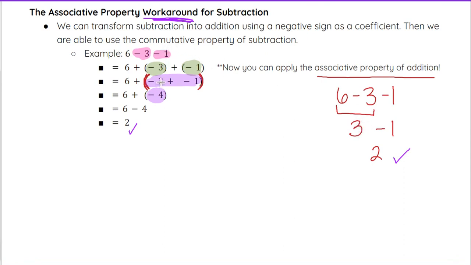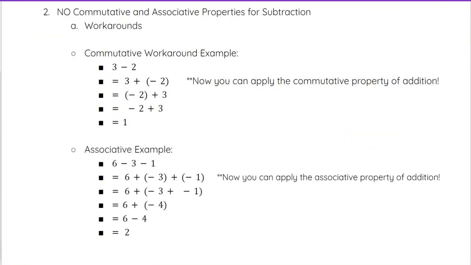But this is just to show you that you can change it around if you turn the subtraction into plus a negative number instead. So we talked about how there is actually no commutative or associative property for subtraction. However, we do have some workarounds. So if we change subtraction into addition of a negative number, then we can go ahead and use the commutative property and associative property of addition because we've now changed it into addition.